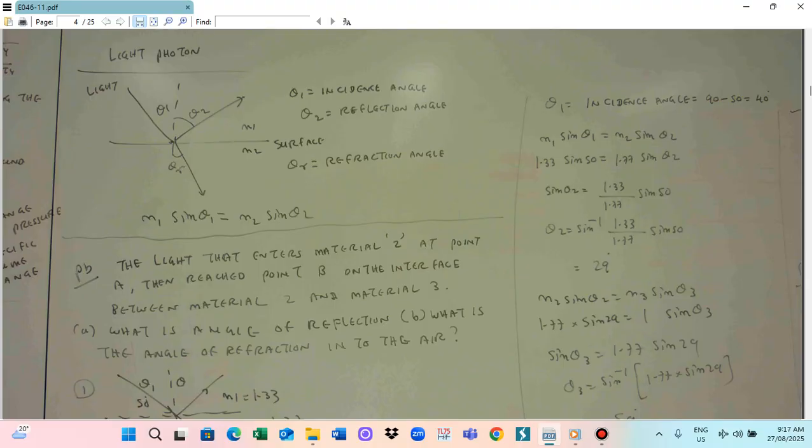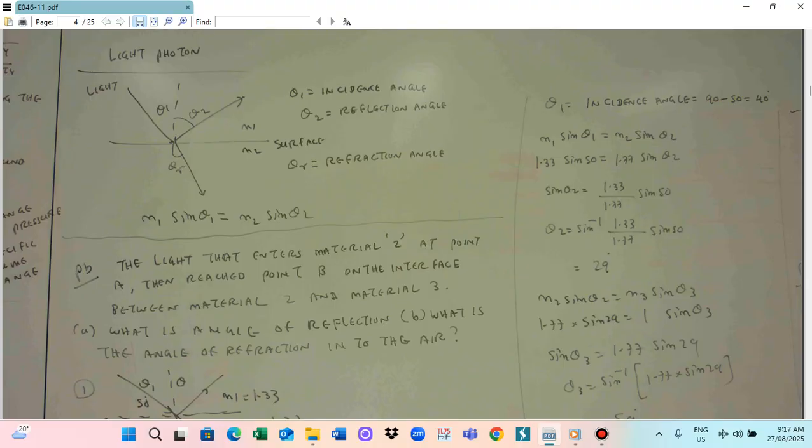For the refraction, N1 times sine theta 1 is equal to N2 times sine theta 2. And for the reflection, we can calculate N1 times sine theta 1 is equal to N2 times sine theta 2. So we can calculate this angle here.